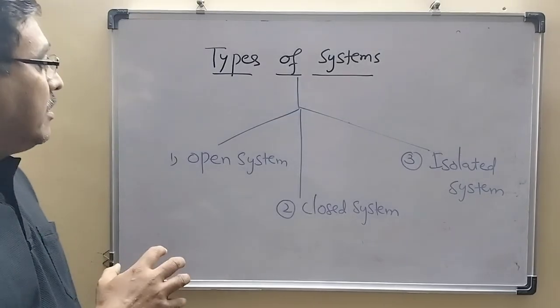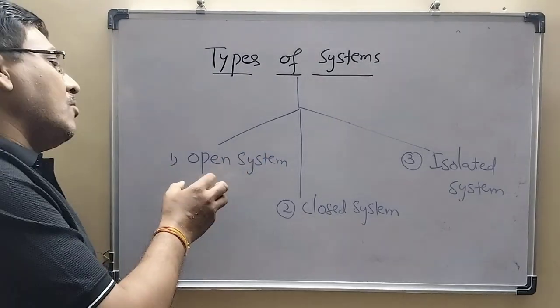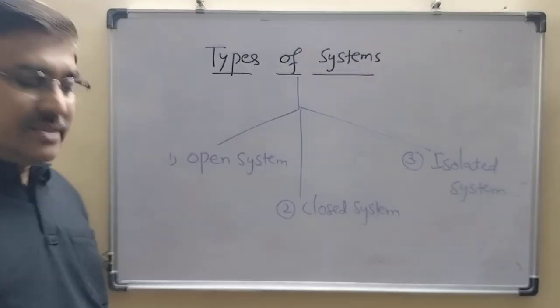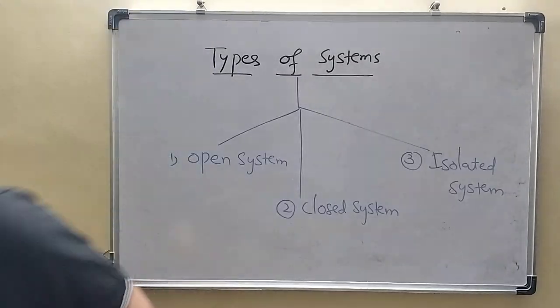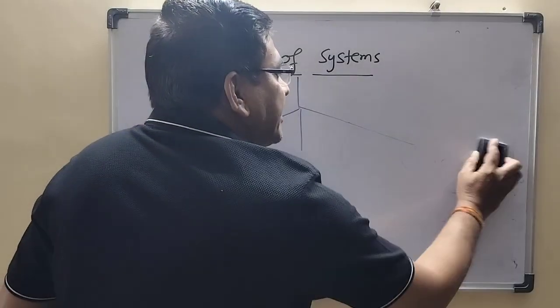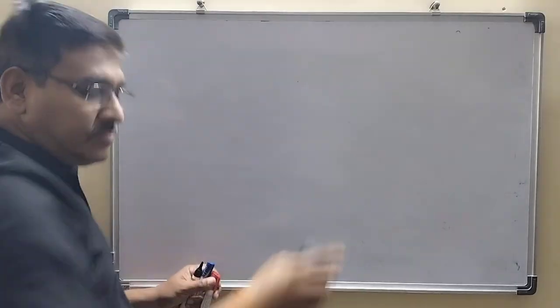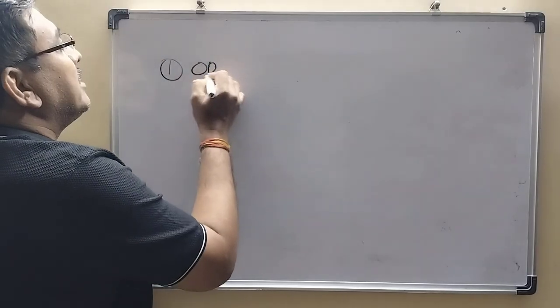So when you come to the types of systems, open system, closed system and the isolated system. Let us discuss one by one in detailed manner. So first I take up the open system.